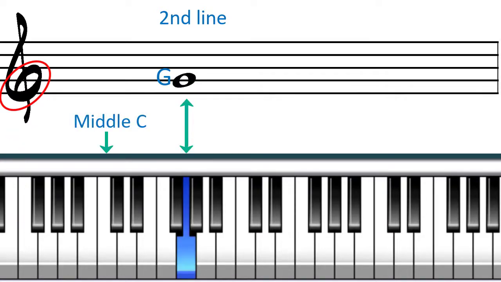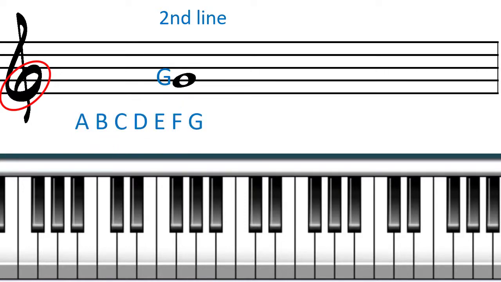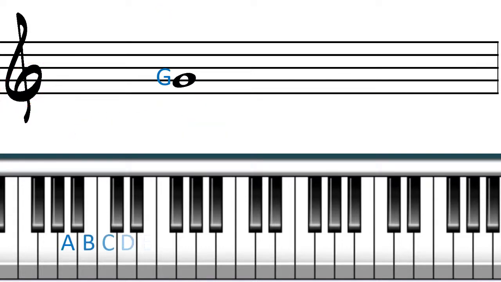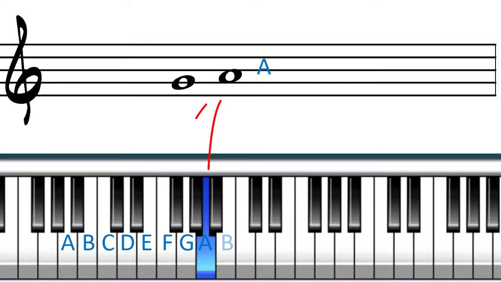Okay? So using what we already know about the musical alphabet and what letters are in there, what would be the note that comes after G? If you had A, B, C, D, E, F, G, the next note is A again.